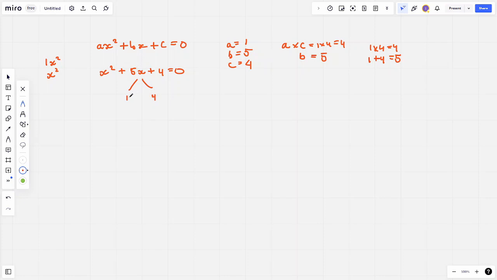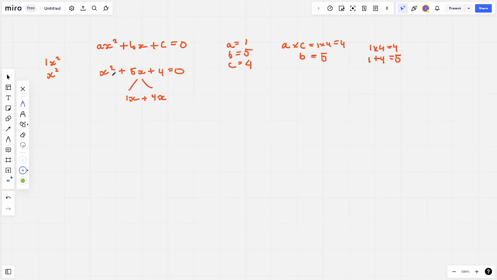So how do we do that? So we put an x term here and an x term here. It's always going to be an x term regardless of what numbers you put in. So 1x plus 4x must equal 5x. So we know that's a plus. 4 plus 1 equals 5.